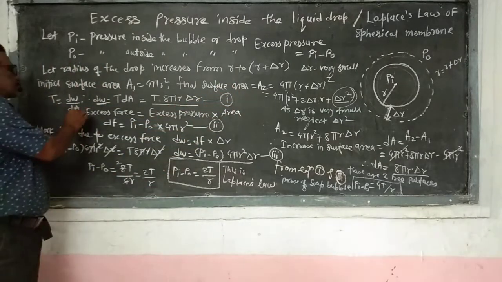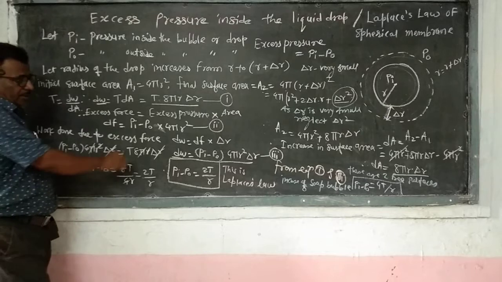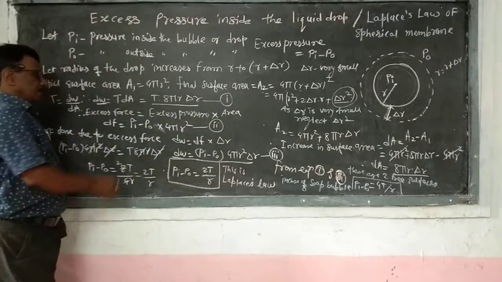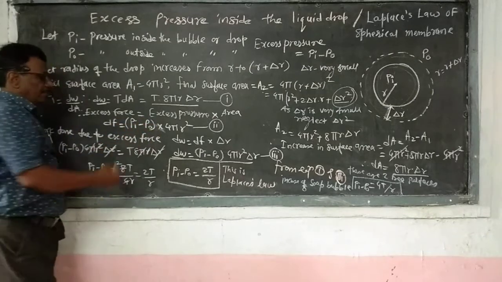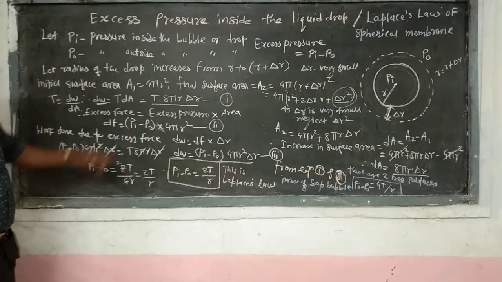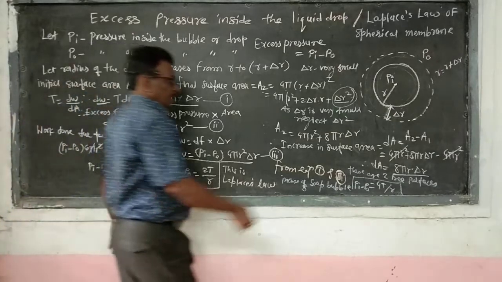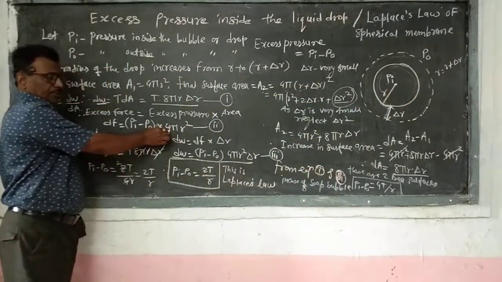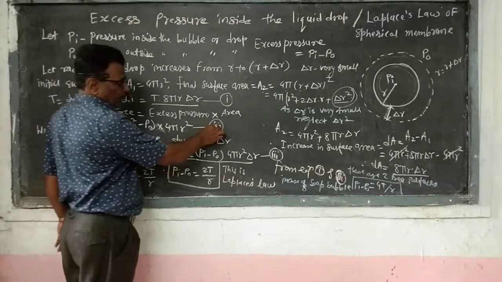Now we know that excess force is equal to excess pressure into area. Excess pressure is Pi minus P0, into the initial area of that surface, which is 4 pi r square. Call this equation number 2.